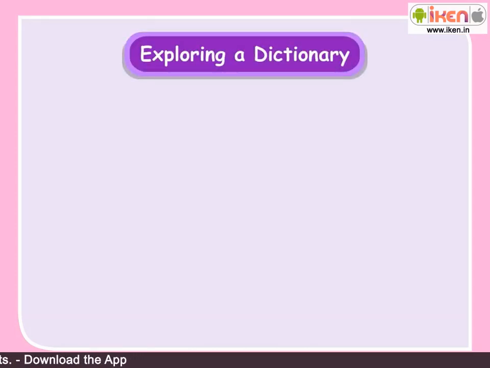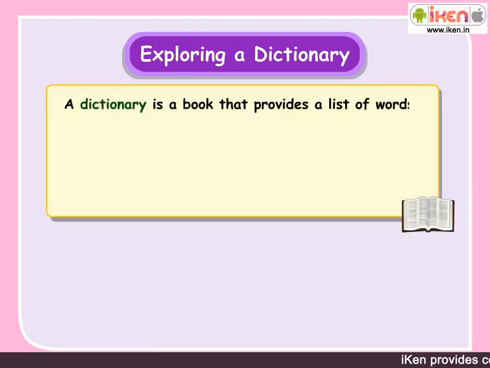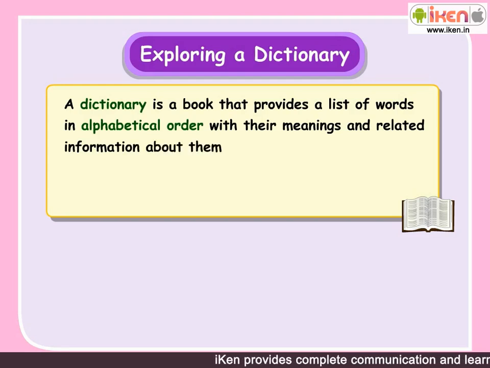Let us first understand what a dictionary means. A dictionary is a book that provides a list of words in alphabetical order with their meanings and related information about them.